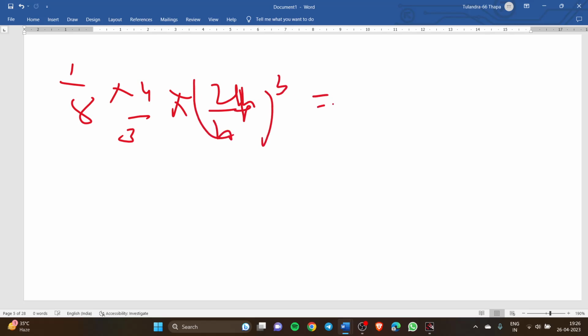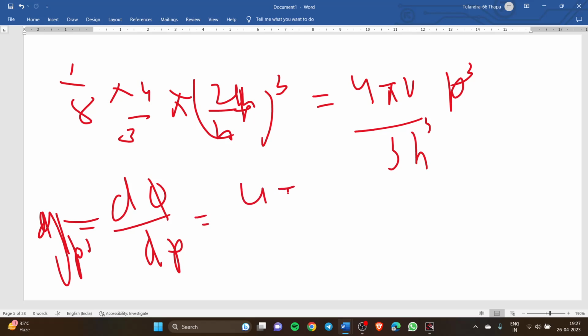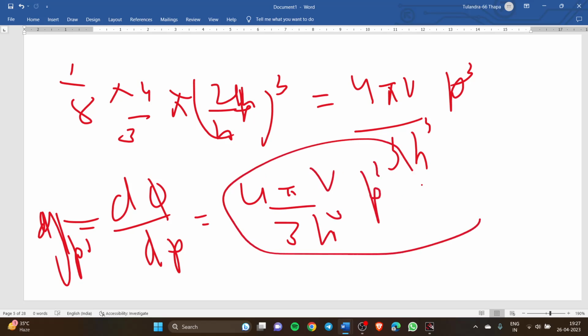So we will have the term 4πV/(3h³) p³. Now dφ/dp is equal to the density of states, so in terms of momentum we can write g(p) as 4πV/(h³) p². This term, 4πV/h³, is very important.